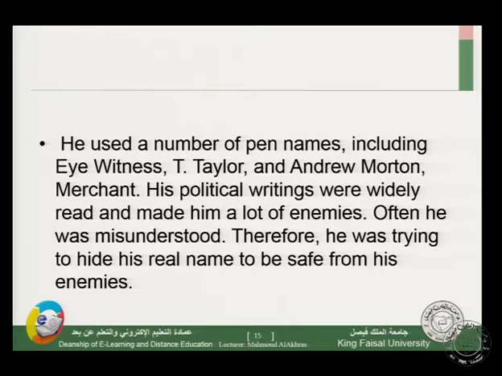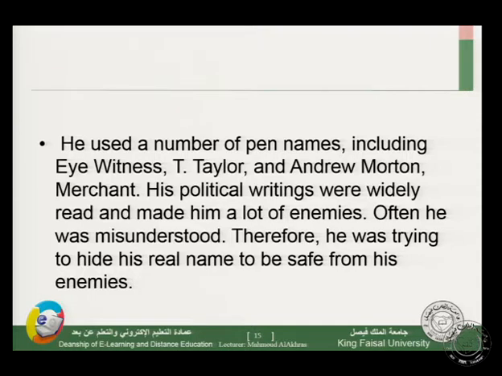Another name, T. Taylor. Another name, Andrew Martin. Another name, Merchant. We can see that he changed his pen name a lot, and we have other names for him. So he wrote a lot of writing without indicating his name.